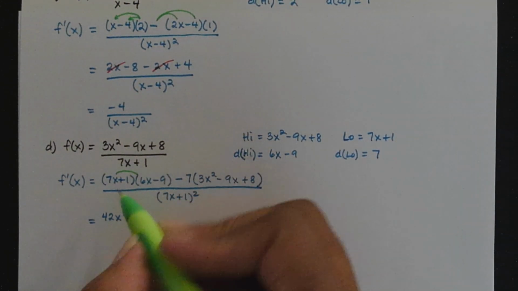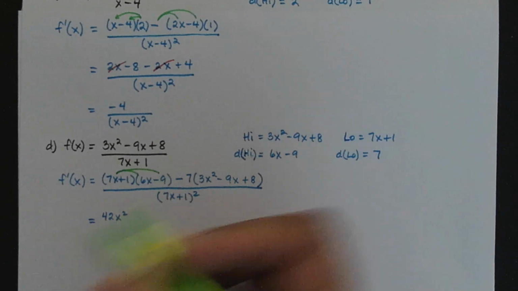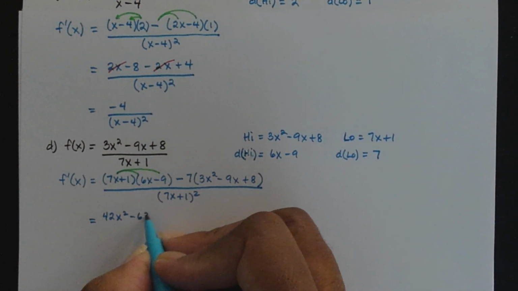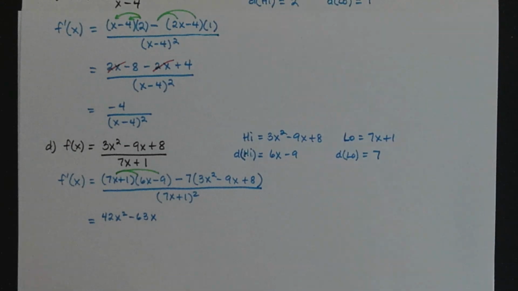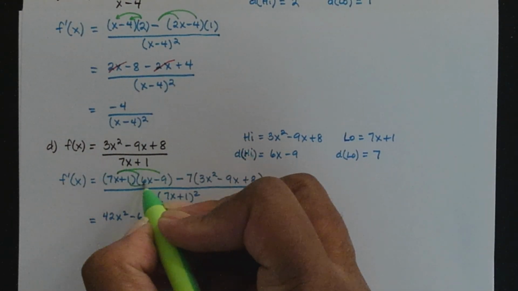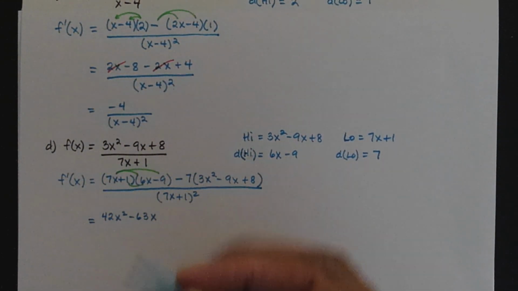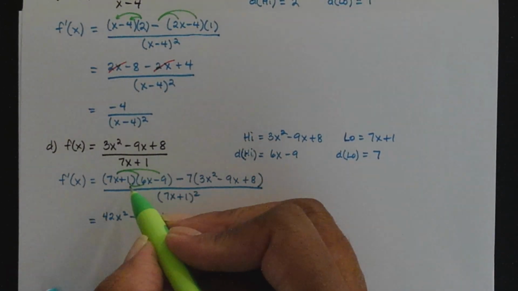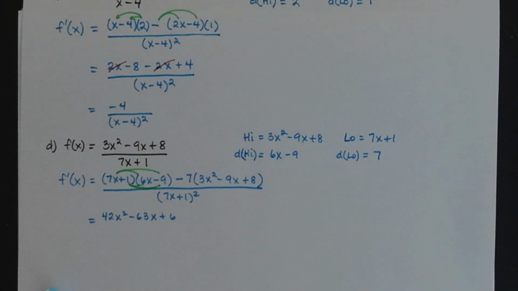The outer, 7x times minus 9, would be negative 63x. The inner, 1 times 6x, just 6x. And then the 1 times the minus 9, negative 9.